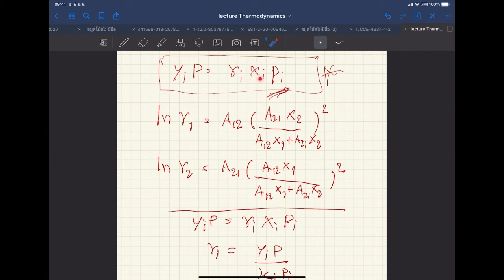And because we don't know xi, we don't know gamma i. But we know that gamma i is a function of xi. Okay, so again we have three unknowns, x1, x2, and temperature. We have two equations, a similar equation here for component 1 and component 2, and the next one is, we know that x1 plus x2 must be equal to 1.